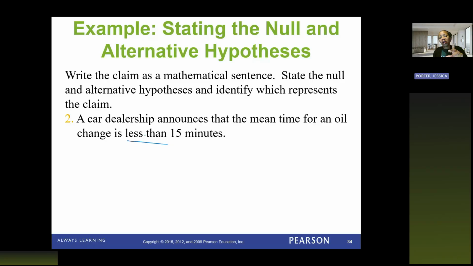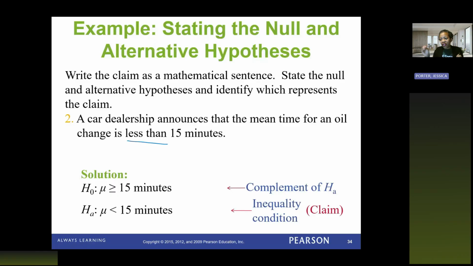Is that going to be the null or alternative hypothesis? Yes, very good. It's going to be the alternative. I'm excited because this is the very basis of what we need to know to tackle hypothesis testing. So the claim is the alternative hypothesis this time.